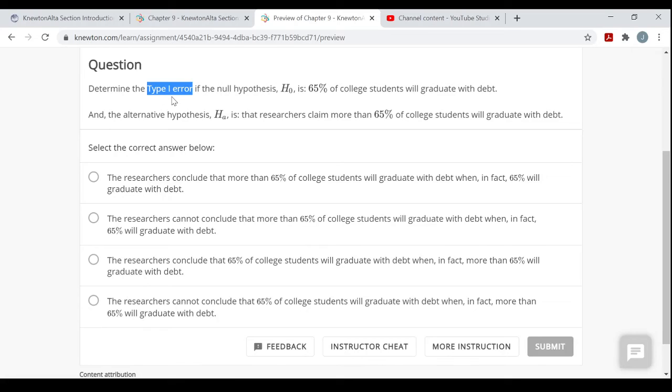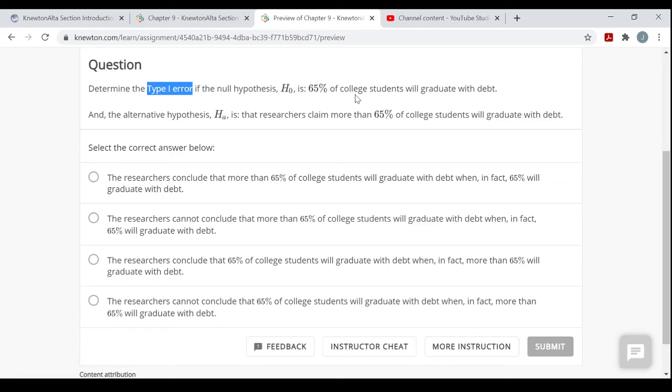So remember, a type 1 error is when you reject the null hypothesis. It means you accept the alternative hypothesis, but you should have kept the null. You reject the null, but you shouldn't have.